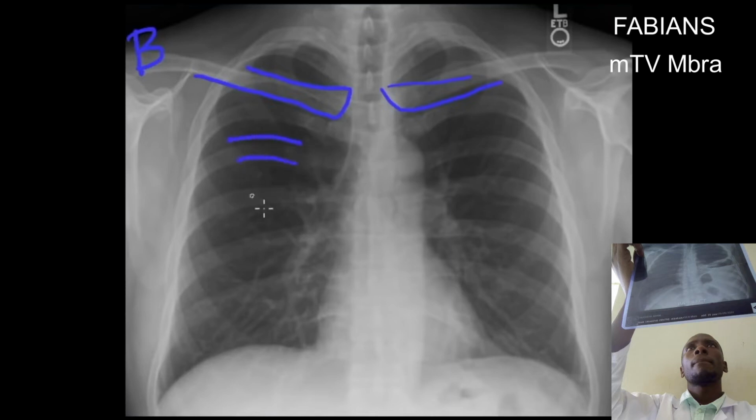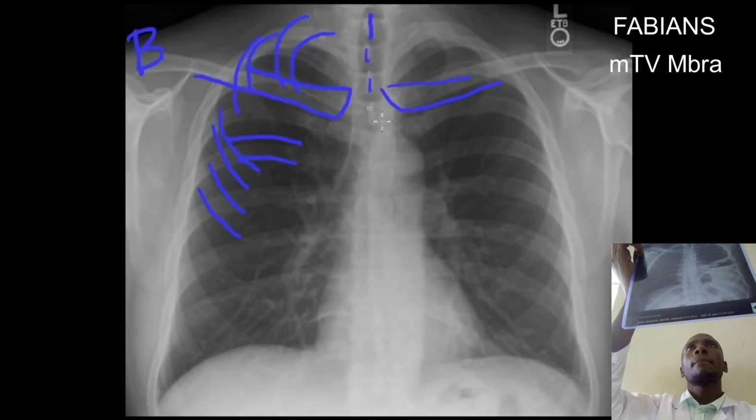Then we have the posterior ribs and the anterior ribs that are running down, as you can see. Maybe we shall get to know more in our next tutorials, but for now, let's just focus on the anatomy of our X-ray. So those are ribs.